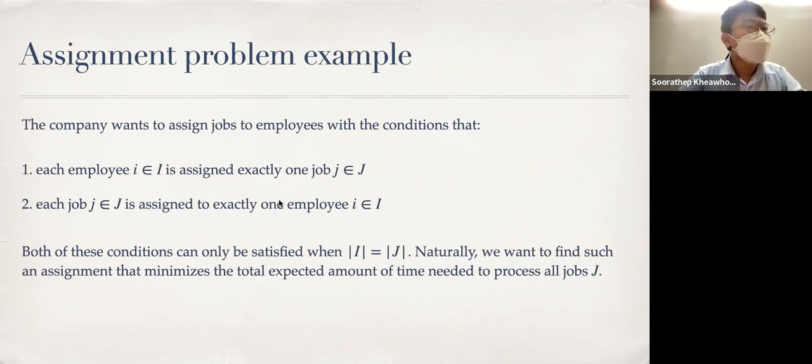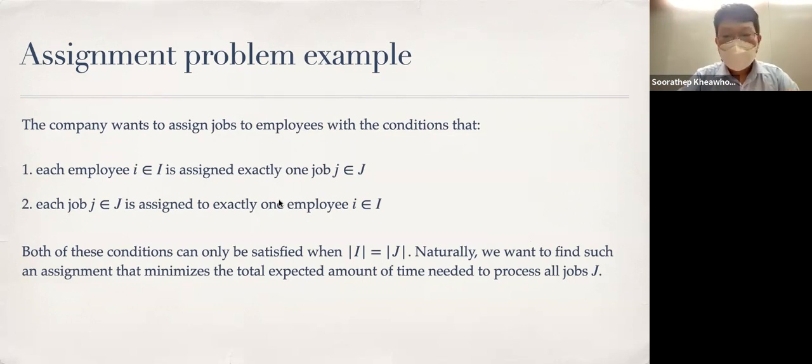Very simple, because you have 4 jobs and 4 employees. If any employee takes more than 1 job, then 1 will be free, and in this case we will not allow anyone to be free. Both of these conditions can only be satisfied when the number of I equals the number of J.